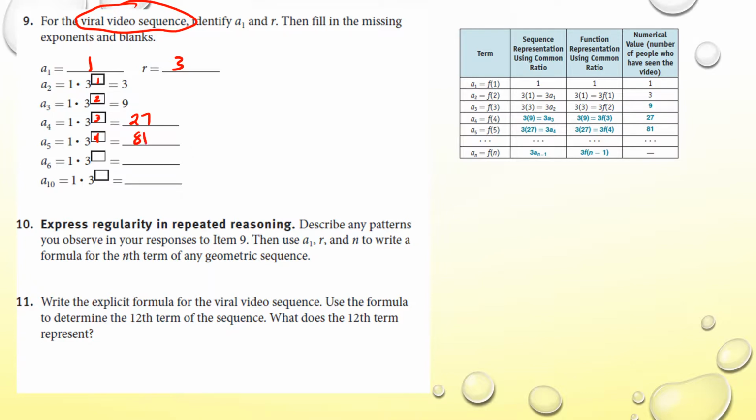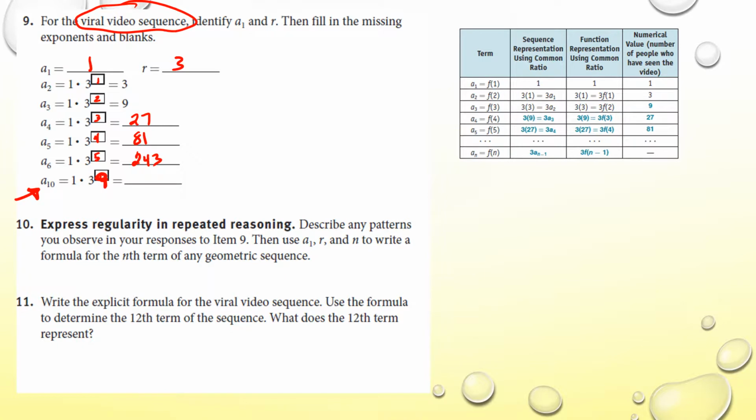So that was 81. And then 3 to the fifth was 243. And 3 to the sixth power was, oh wait, sorry, pay attention. A sub 10 would be 1 times 3 to the 9th power. It's 1 power lower than the term we're looking for.